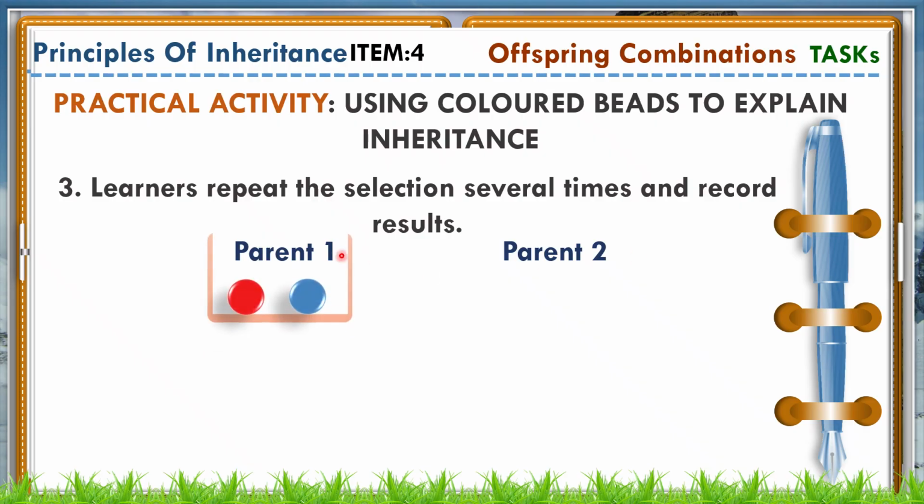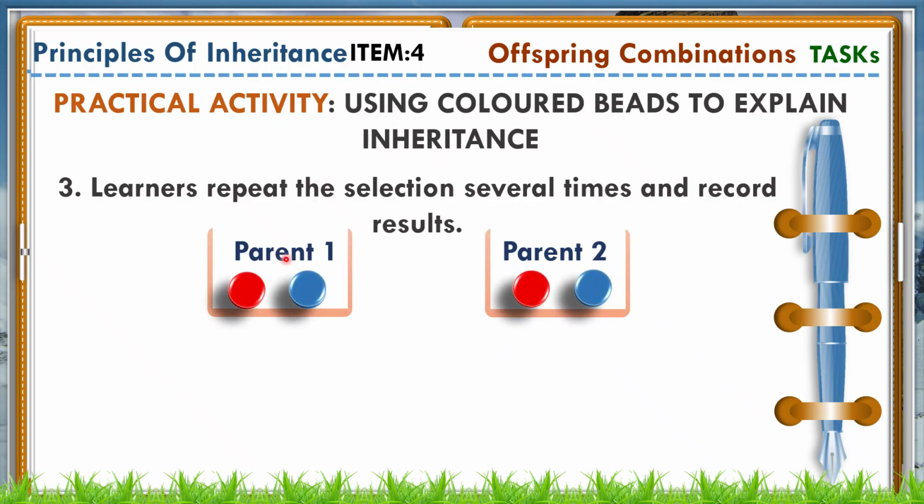So we have parent 1 and parent 2. These are their genotypes, which we also take as the formation of gametes. These will be the gametes formed by parent 1, and these will be the gametes formed by parent 2.